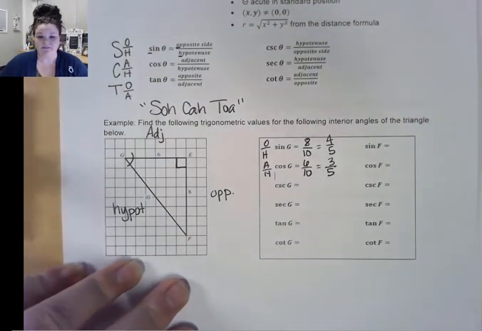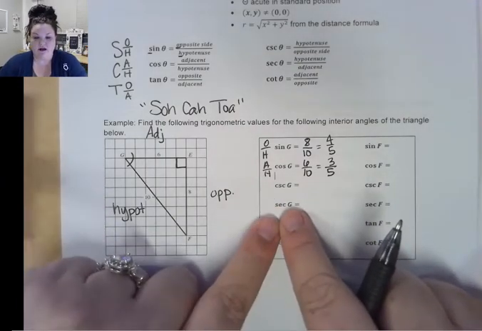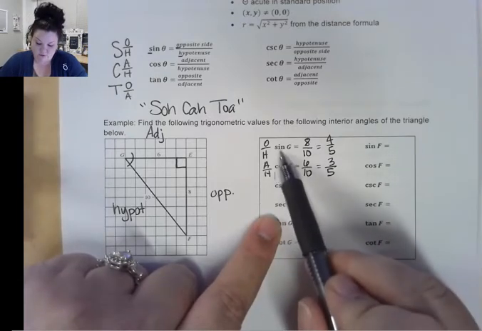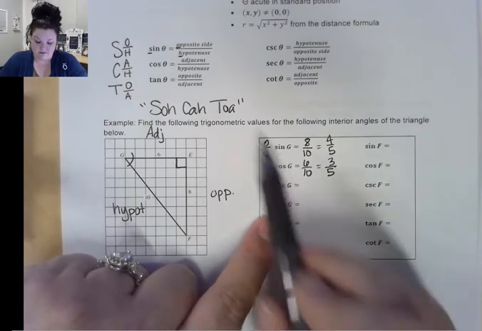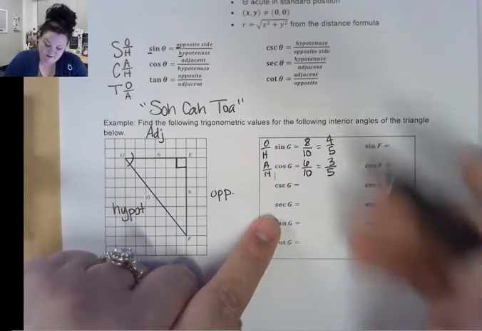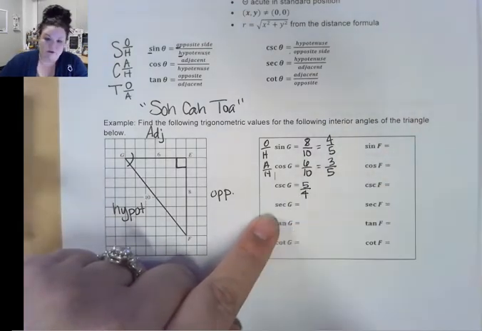3/5. Then I'm going to do those inverse trig values next, because since I already know what the sine is, I can just flip it to get the cosecant, because those two are inverses. So if sine G was 4/5, then cosecant is going to be 5/4.